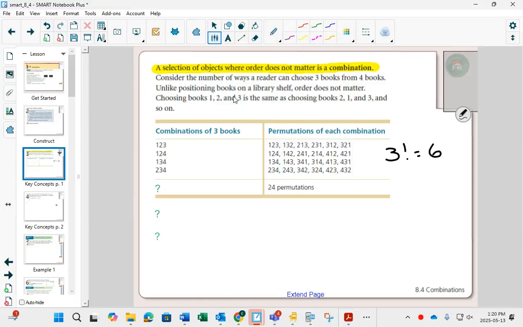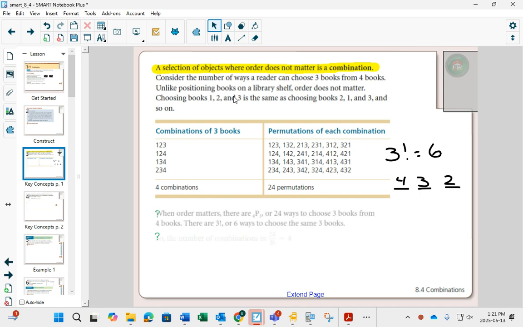Because if order mattered, you'd have 4 choices for the first book, 3 choices for the second, 2 for the third, which would give you 24 in total. And if these are all identical, we would have to divide by 6 to get our combinations. And so the idea is that a combination is just a permutation with the order divided out as identical objects.